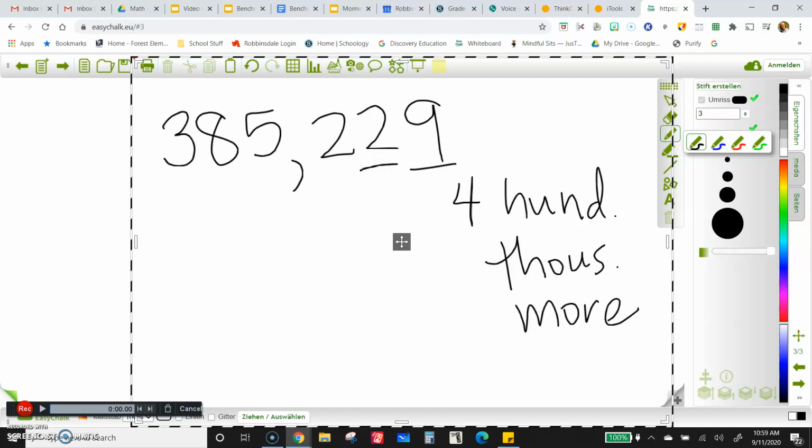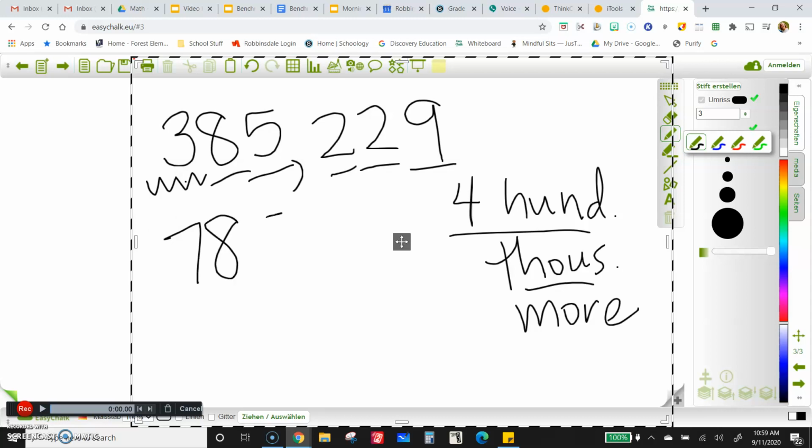Well, ones, tens, hundreds. Got it that time. Thousands, 10,000s, 100,000s. Currently I have 3 of them. I want 400,000 more. So I'm going to take that 3, add on 4 more, and I get 700,000. And then the rest of my chips or my digits are staying the same.